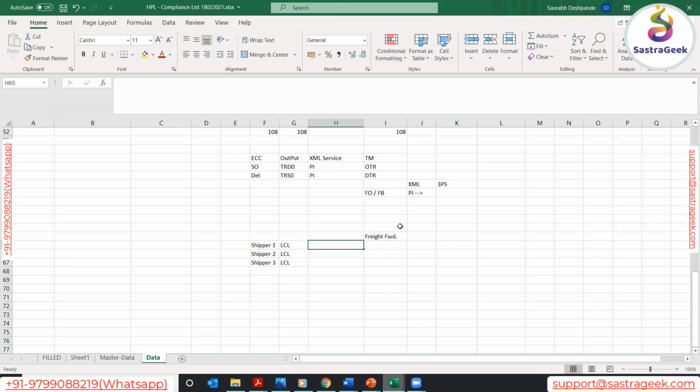It will be an independent BOL, that is bill of lading, that is house bill of lading, HBOL or HBL as we can say. So this is HBL1. Similarly, it will be 2 and 3.